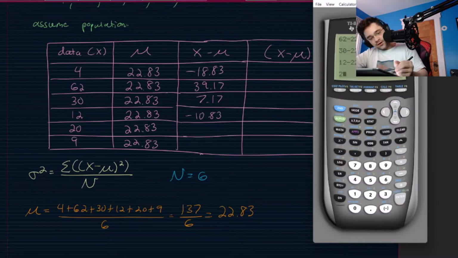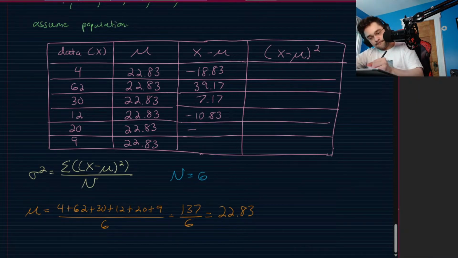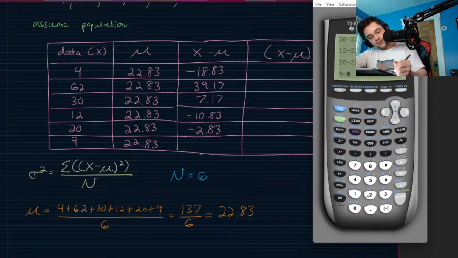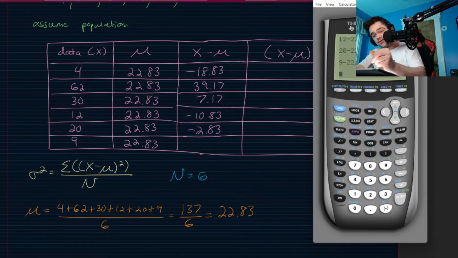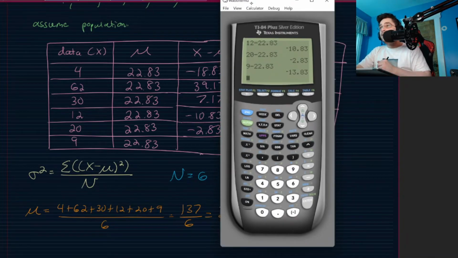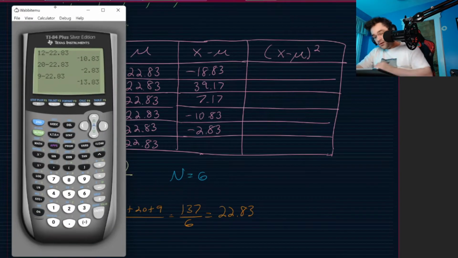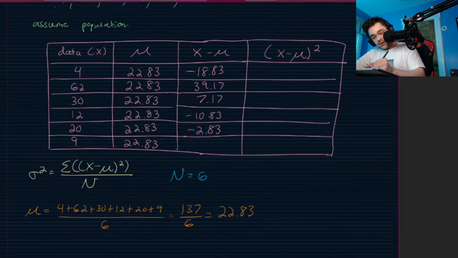But these are few enough that we could just do it here by hand and pray not to mess up. The last one is 9 minus 22.83. Oh, I wasn't showing the calculations the whole time. I'm sorry. And then I guess I should keep this on the left. Negative 13.83.